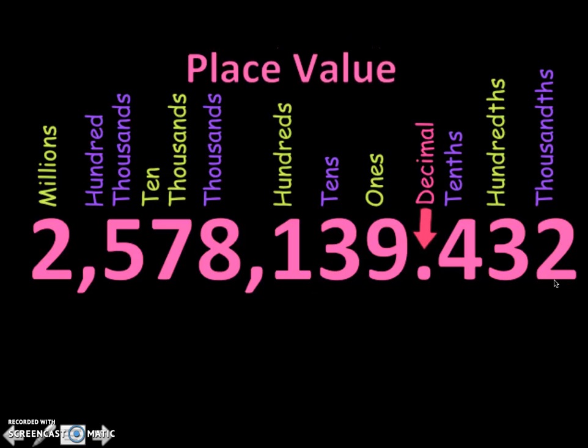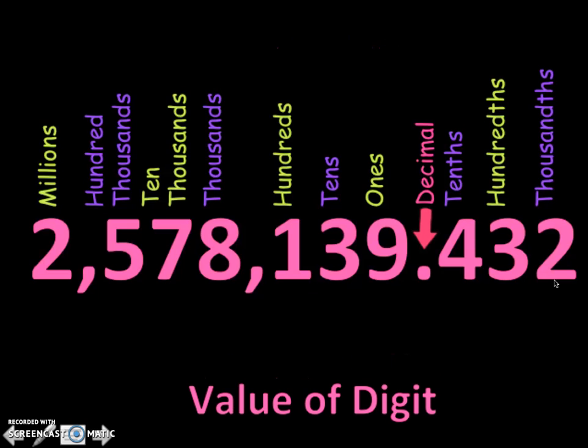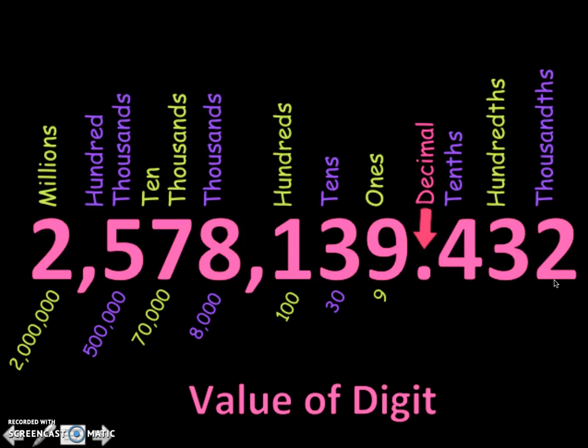Remember, our place value will help us to determine the value of the digit. So for instance, 2 million would be a value of 2 million. Hundred thousands, 10,000s, thousands, you have 500,000, 70,000, 8,000. Then you have hundreds, tens, ones, 139.